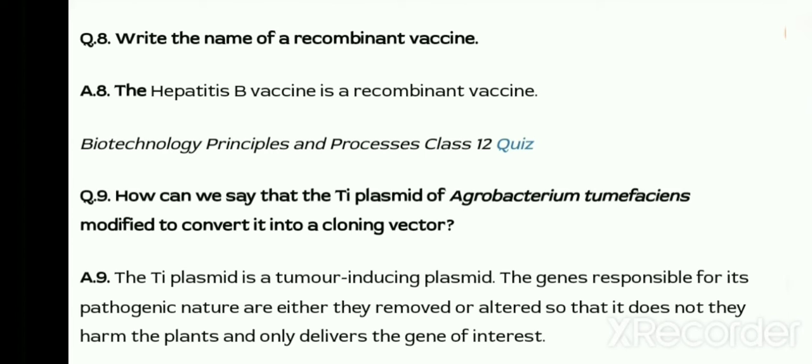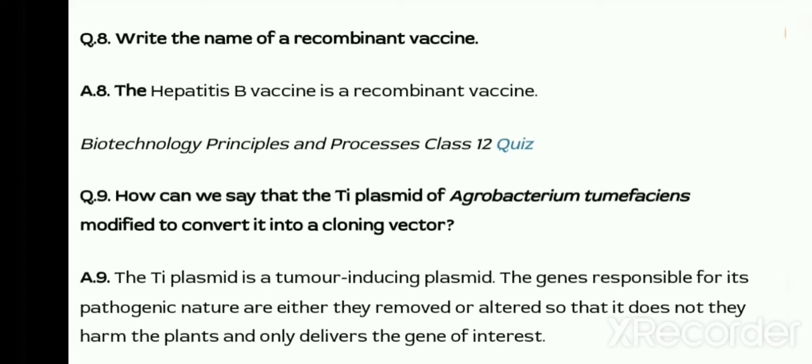Next question, the ninth one: how can we say that the Ti plasmid of Agrobacterium tumefaciens is modified to convert it into a cloning vector? The Ti plasmid is a tumor inducing plasmid, right?